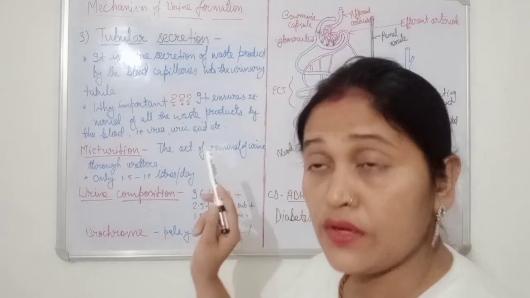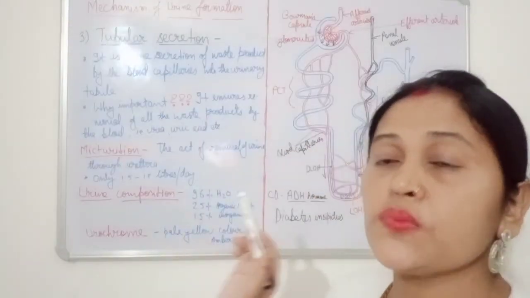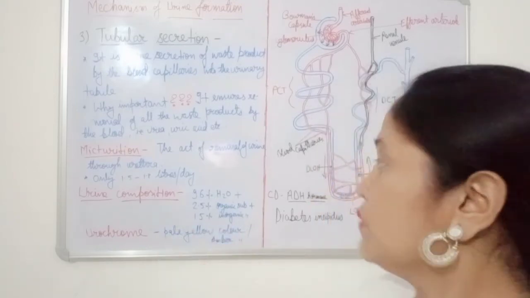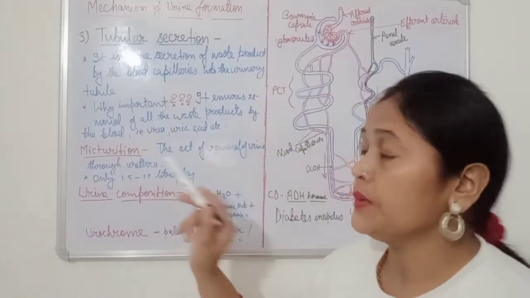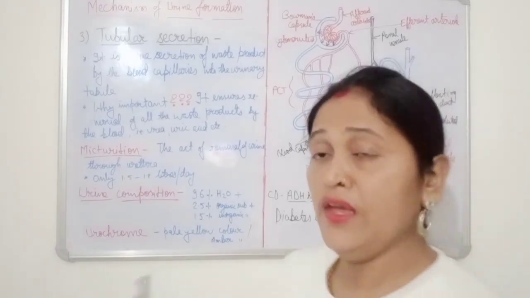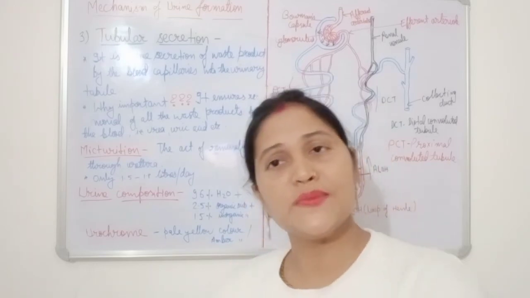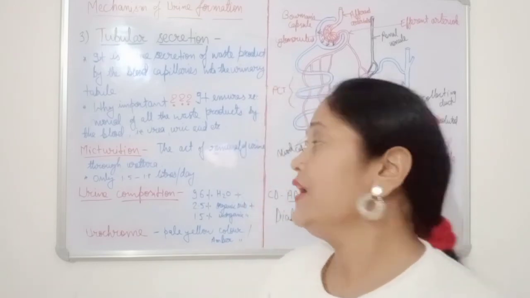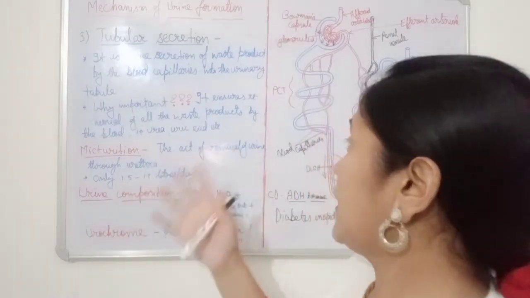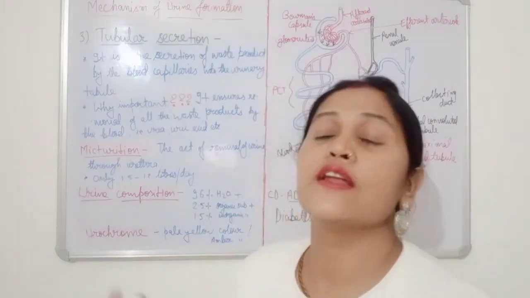It ensures the removal of all waste products by the blood. It means there are no impurities present in the blood. It is the removal of all types of waste product by the blood, like urea, uric acid, creatinine.